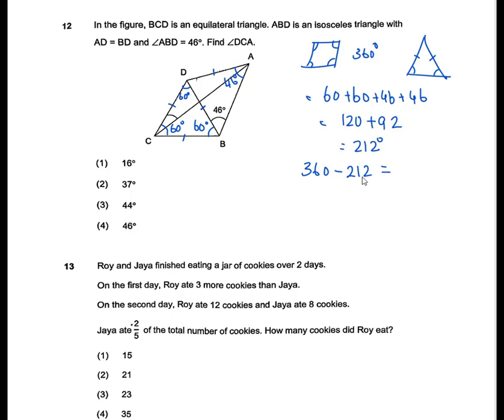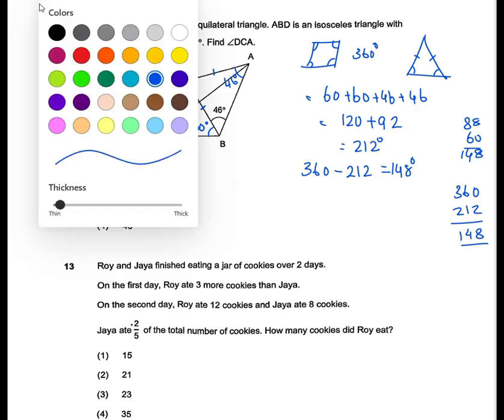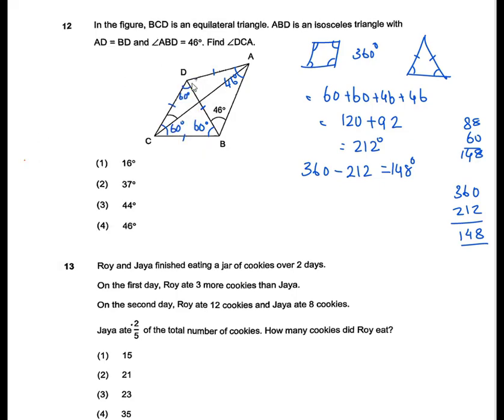Let's say 88 plus 60, 148. Let me just double confirm that. 360 minus 212, that is 148. So 148 degrees. So this whole angle here is 148 degrees.